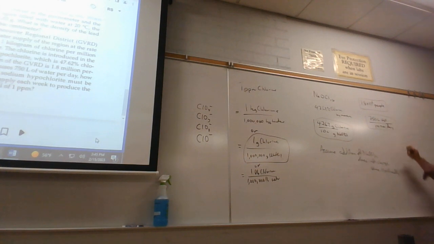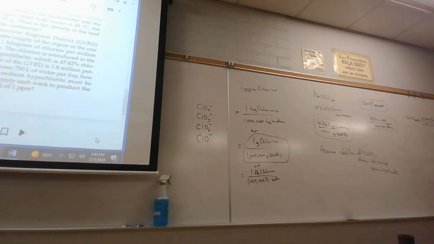Let's start with 1.8 times 10 to the 6 people, 1.8 million people. Then we need to get rid of people. How can we do that? The water per day. Yeah, and so this is 750 liters of H2O per person per day.